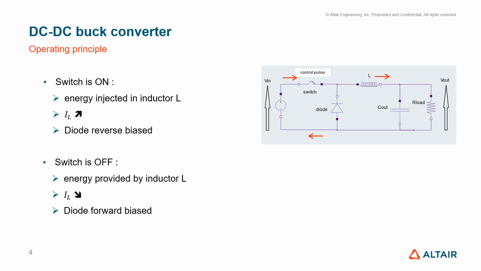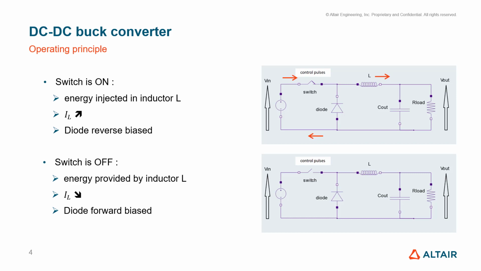During the second phase, the switch is off. The inductor provides now the energy and its current decreases. The diode is forward biased. The current flows from the inductor through the load and capacitor and through the freewheeling diode.